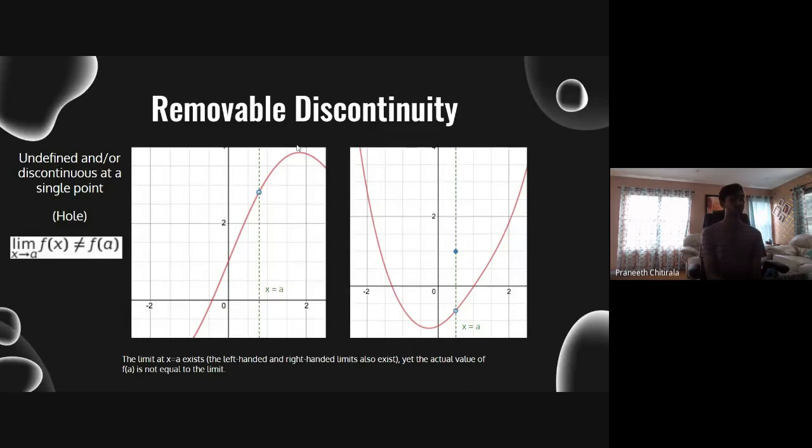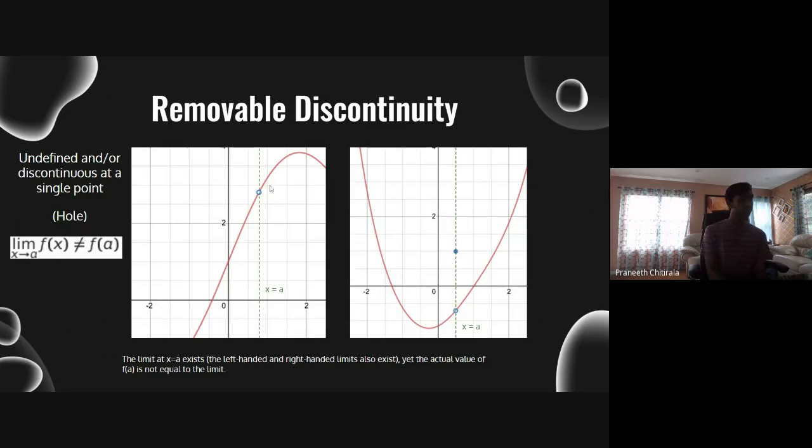A removable discontinuity is undefined or discontinuous at a single point, and it's also known as a hole. It looks like a hole right here, just one point of the function displaced.